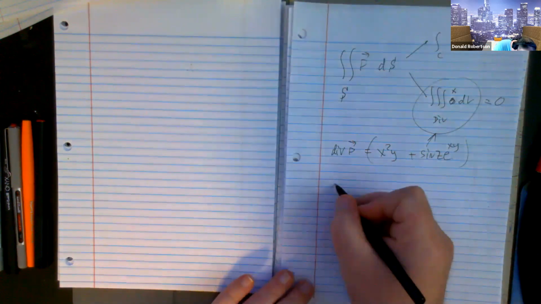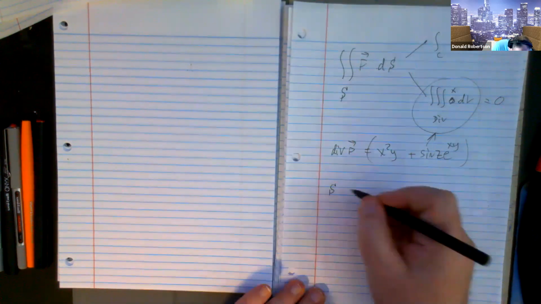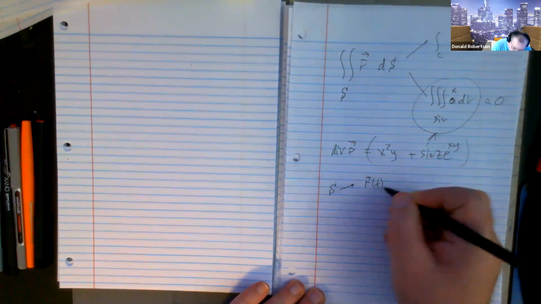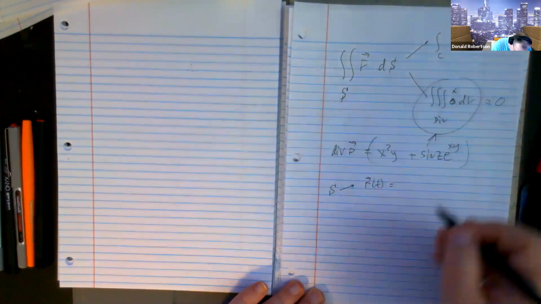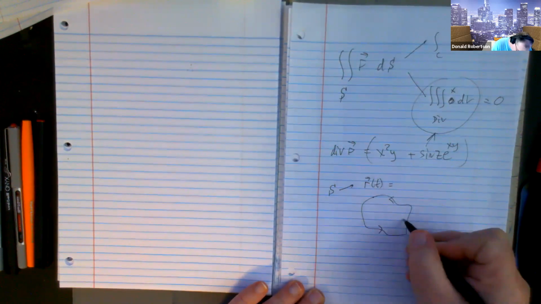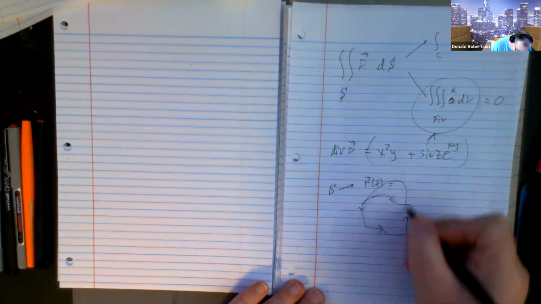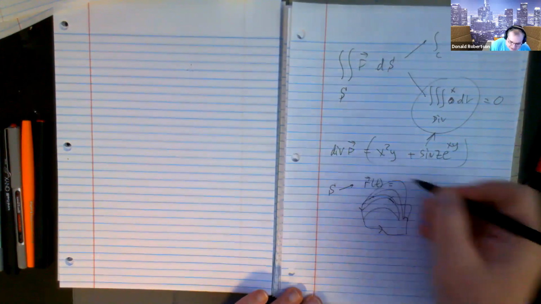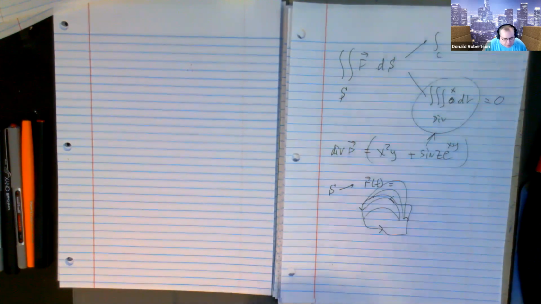If the surface S can be defined by a very simple R of t, because when you do the line integral, you're going to basically try and do the boundary of the surface, if that is something very easy, I might go a line integral way.